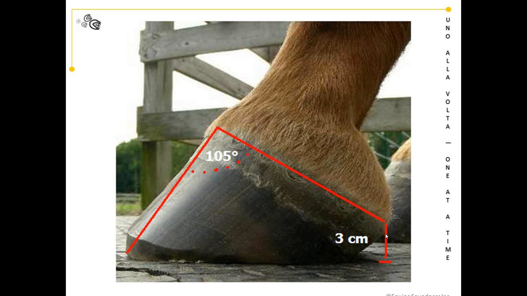I learned that the 30-degree hairline is the most important thing in the hoof. That was my schooling, but I don't want to view this anymore like this, because we learned to trim to the 30-degree hairline.